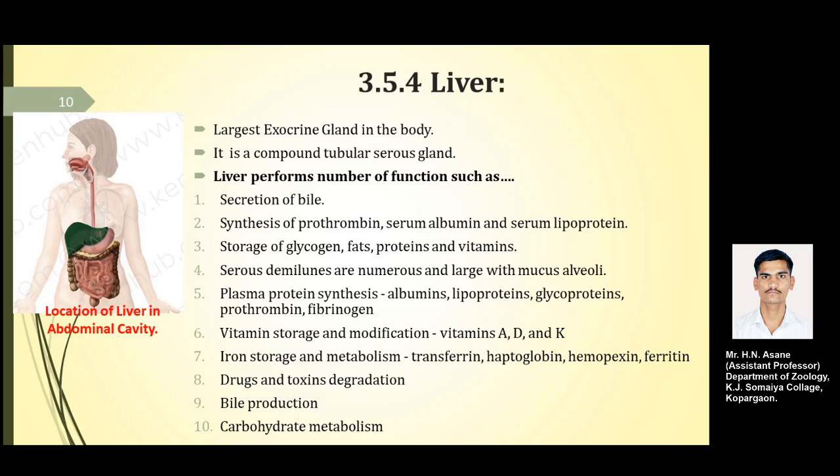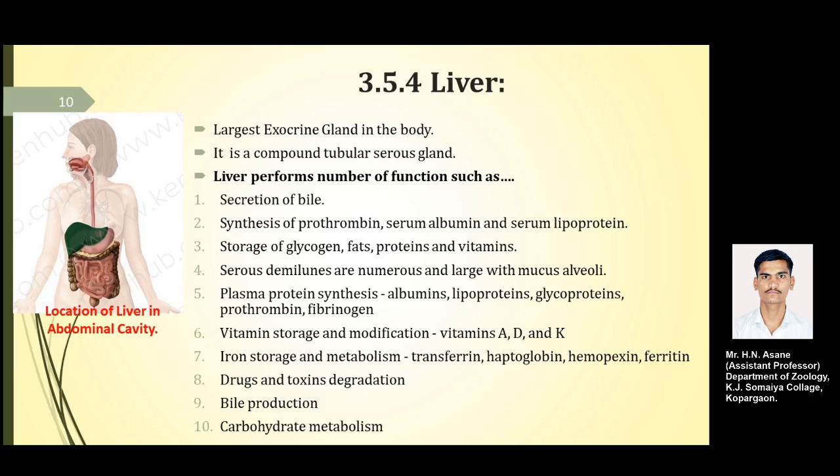But in the case of the liver, it cytologically does not have preferred cells to synthesize a particular type of enzymes or secretions. The liver also exhibits a number of structural features which differ from other glands. The liver is reddish brown in color.